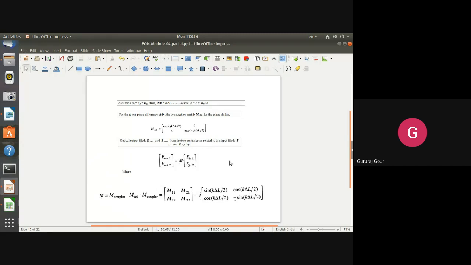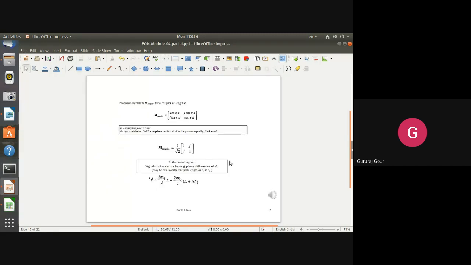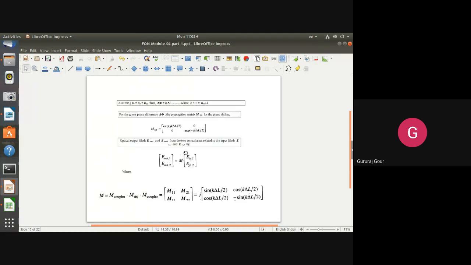So remember the steps here. In the first step, we defined the coupling matrix concerned with both the splitter and the coupler, the first and the third sections of the MZI interferometer multiplexer. Then we went to focusing on the central portion. There is a phase shifter with this relationship M delta phi, that is the propagation matrix M delta phi.